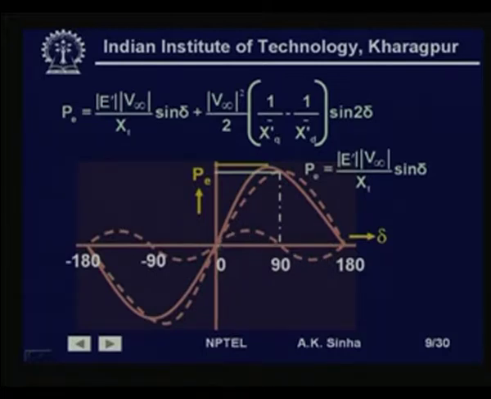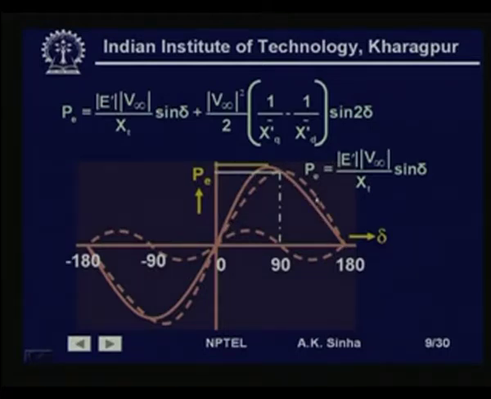So, this second term is shown here, and finally for the salient pole machine the power angle characteristic will be the sum of these two terms. So, it is given by this line here.